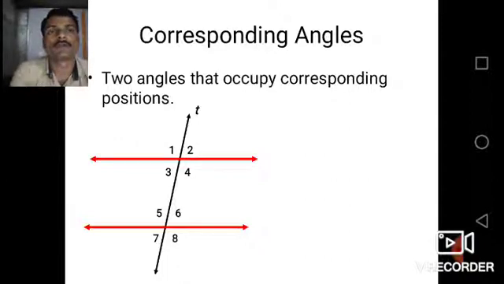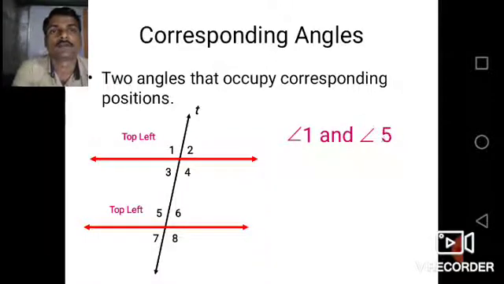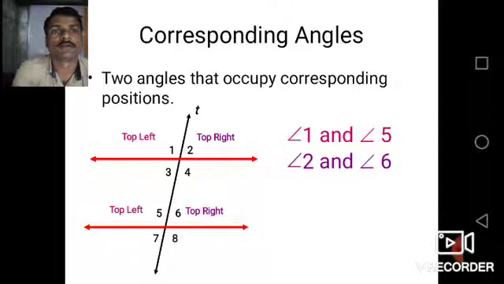First one, corresponding angles. Two angles that occupy corresponding positions like this. Top left of both the parallel lines, angle 1 and angle 5 is a pair of corresponding angles. Similarly, angle 2 and angle 6 are corresponding angles, the second pair.